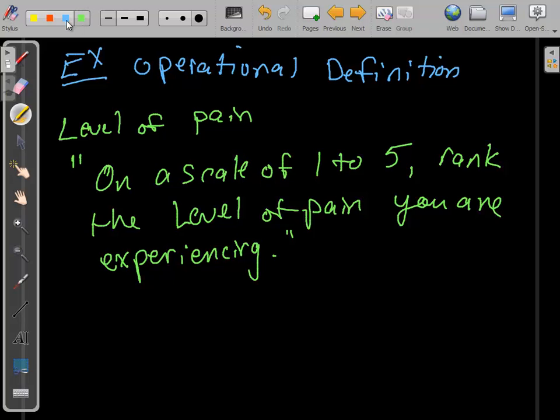So to give a more definition-based approach, an operational definition must identify how the construct will be measured.